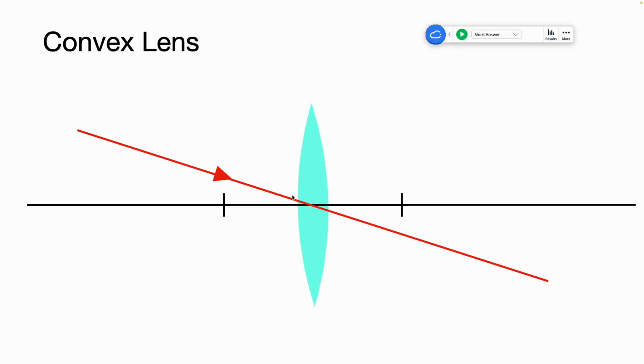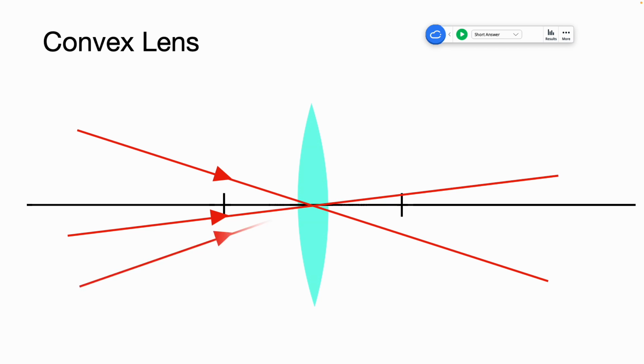So you can say, shouldn't there be some shifting vertically from here to here? Well, those are negligible. What we do is that if the lens is thin enough, then as long as your light ray passes through the center of the lens, it just keeps going straight. And it's very easy to draw because you don't even need to change the direction. You just put your ruler and then draw a straight line. Okay?